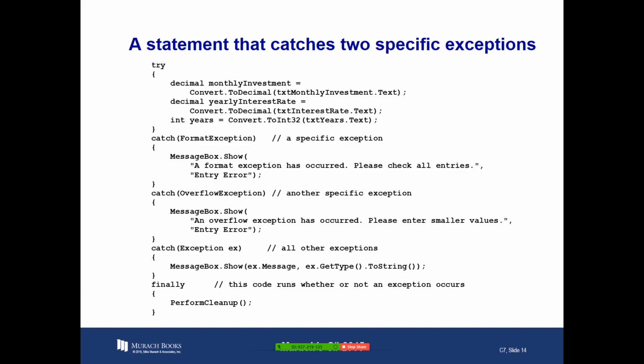So we're reading in a monthly investment, and we're reading in an interest rate, and we're reading in a number of years. We're trying to convert the monthly investment to a decimal number and store it in this variable here.